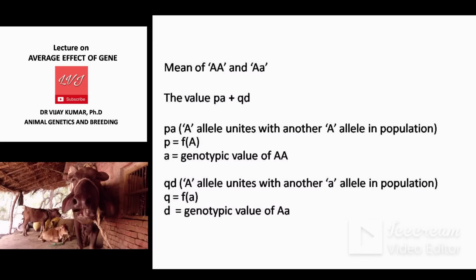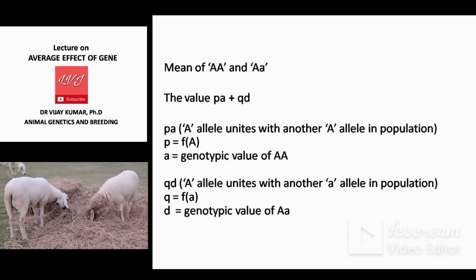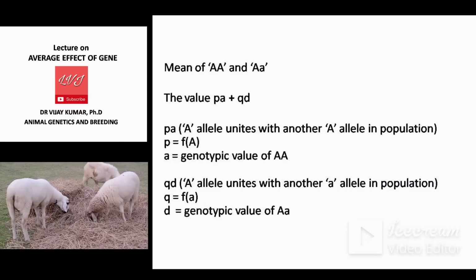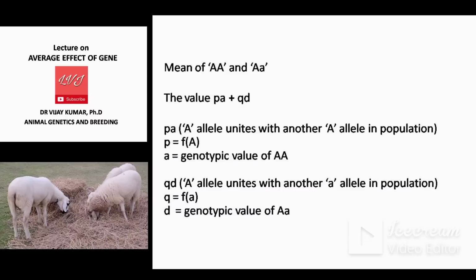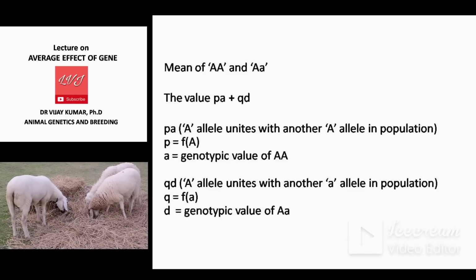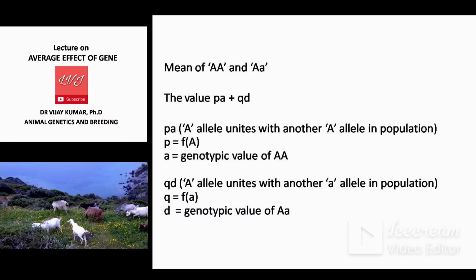Here the explanation for pa is the mean value where a dominant allele unites with another dominant allele in the population, and for qd, a dominant allele unites with a recessive allele in the population.